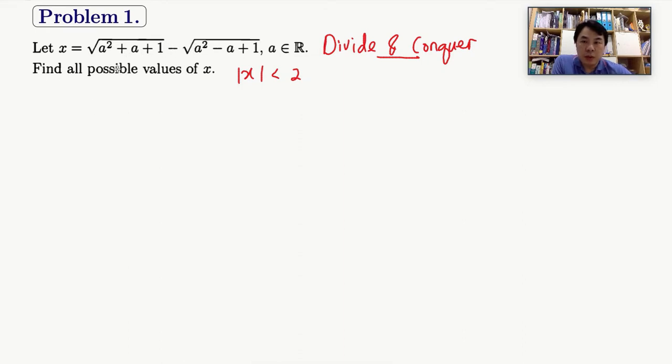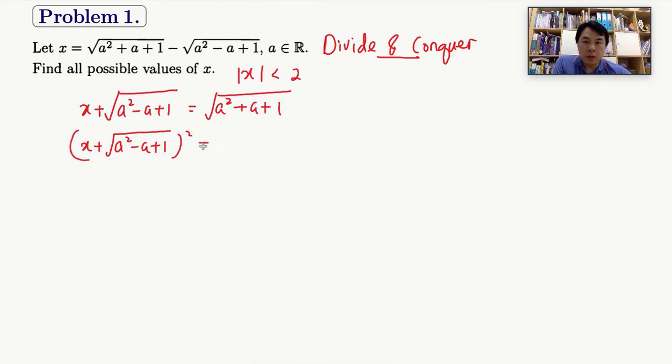So from here we can rewrite this, become this. Okay, so we have a squared plus a plus 1 square root. Now you can square both sides. If you square both sides, I'm going to write down the steps one by one so it's easier to follow here.